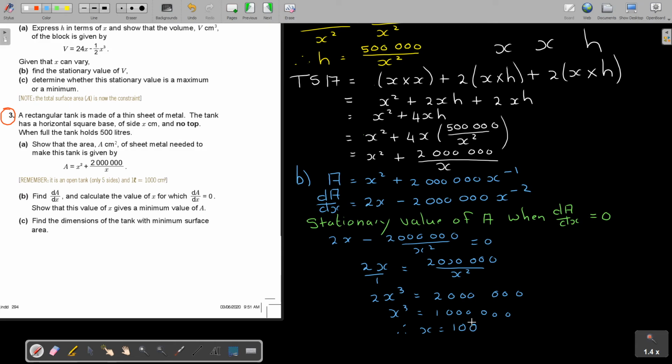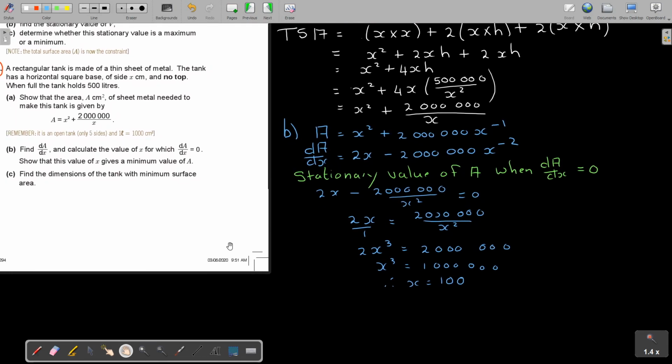So what was the question? Show that this gives a minimum value. So I have to move up again. Now, as soon as I want to find nature of points, I differentiate the second derivative, d squared A over dx squared. Don't forget, it is this formula. No, not that one.